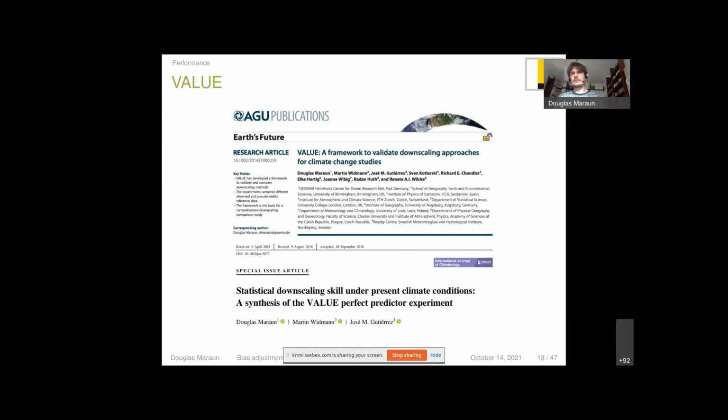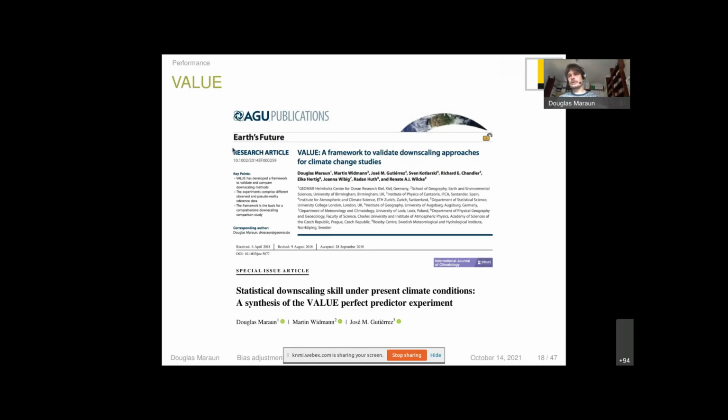And we had one running for evaluating statistical downscaling and bias adjustment methods and weather generators and every kind of statistical models you use to post-process climate model data. And we defined this framework, so you can read everything here in this publication in Earth's Future.